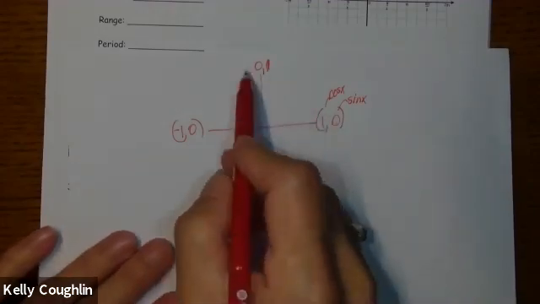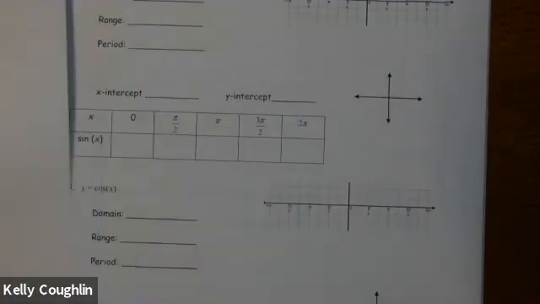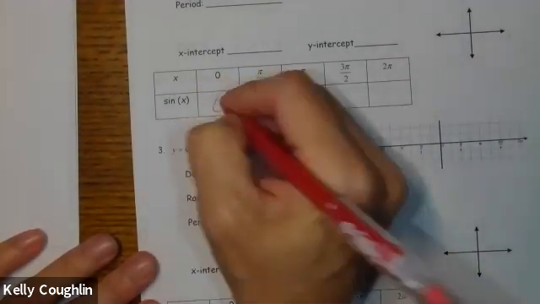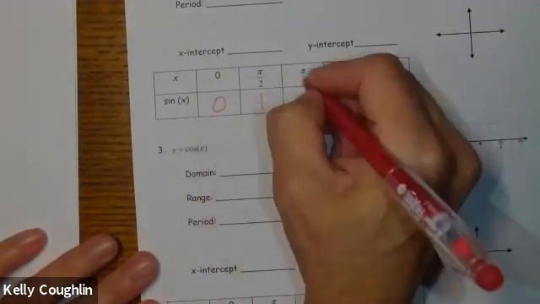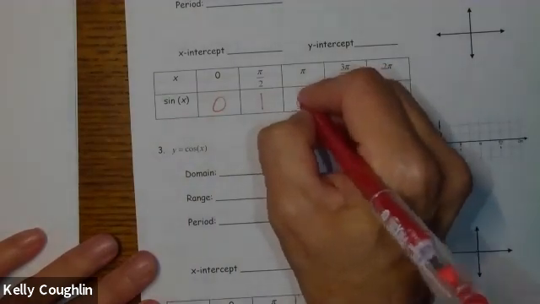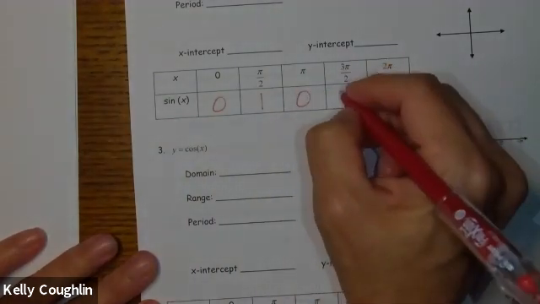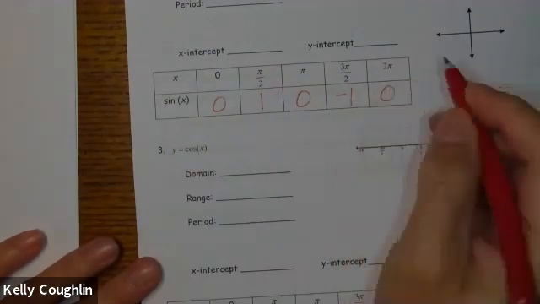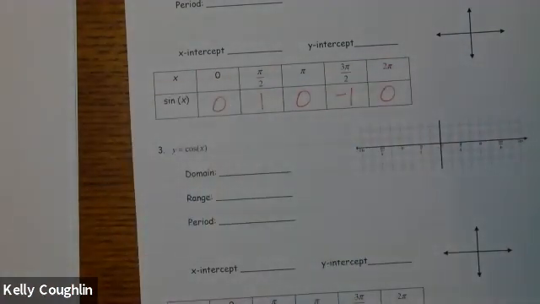Right? So if we take these ones and zeros real quick and we write those down, sine of 0 was 0, sine of pi over 2 was 1, sine of pi was 0, sine of 3 pi over 2 is -1, and sine of 2 pi was, of course, back to 0 because 2 pi and 0 are the same.